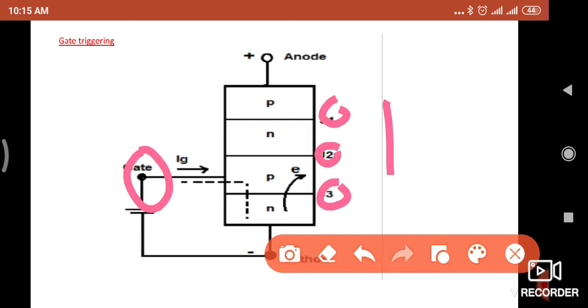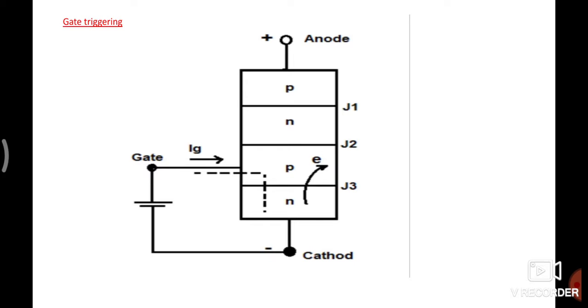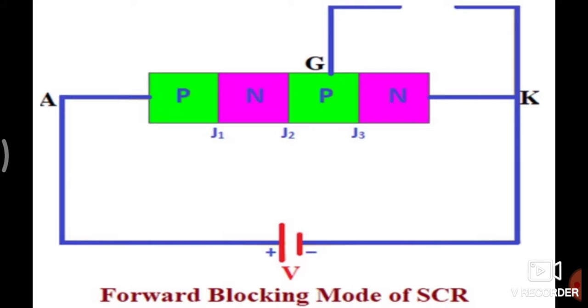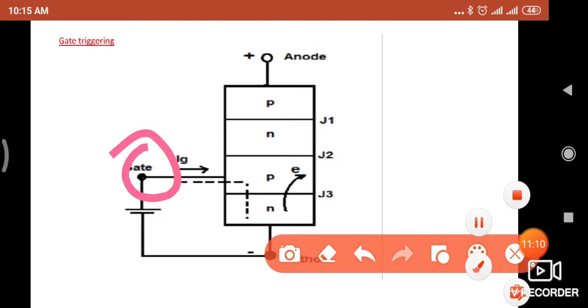Compared to the previous one, this is a very easy technique, and we need much less voltage. There is no need to apply such a large voltage. A very small gate voltage is enough for turning on the SCR.